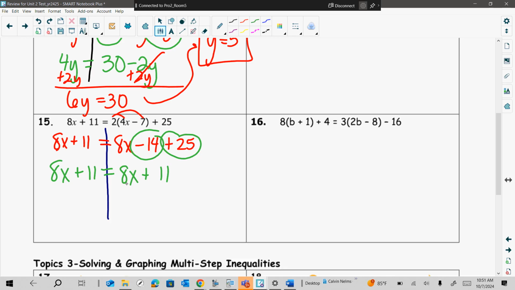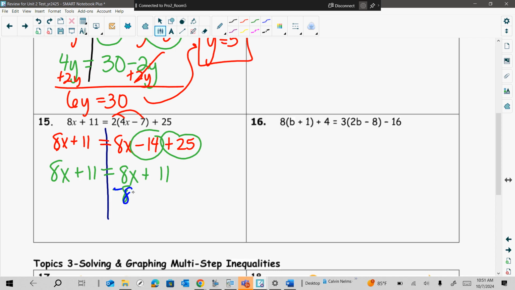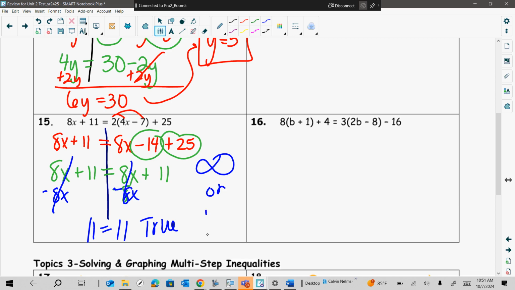Yeah, this is exactly the same thing. It's a reflexive statement. Even if you subtract your variable, they would cancel, and you're left with 11 equals 11, which is true. And whenever it's true, you have infinite solutions, or all real numbers. So like I said, make sure you know your special cases.